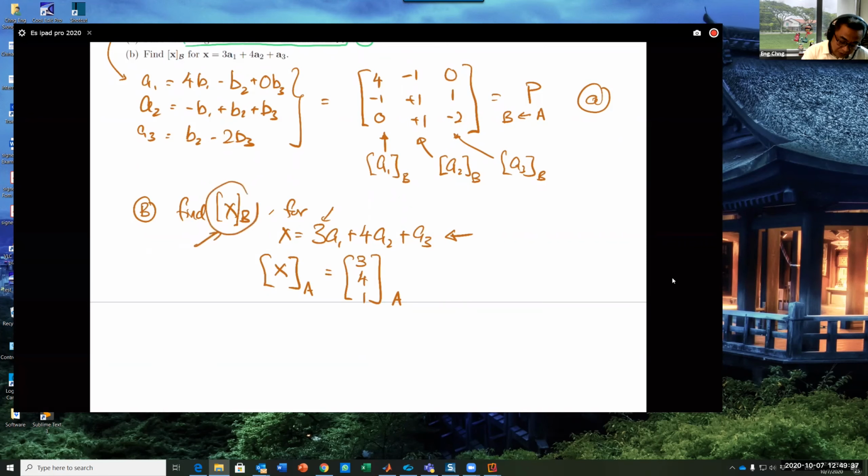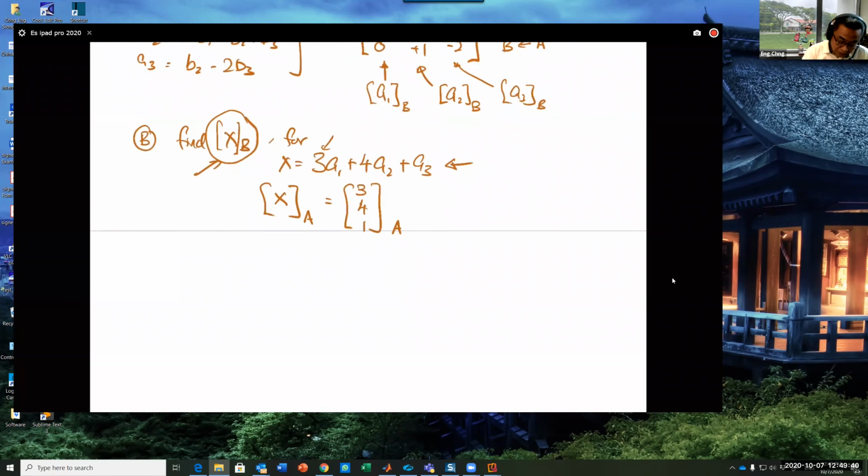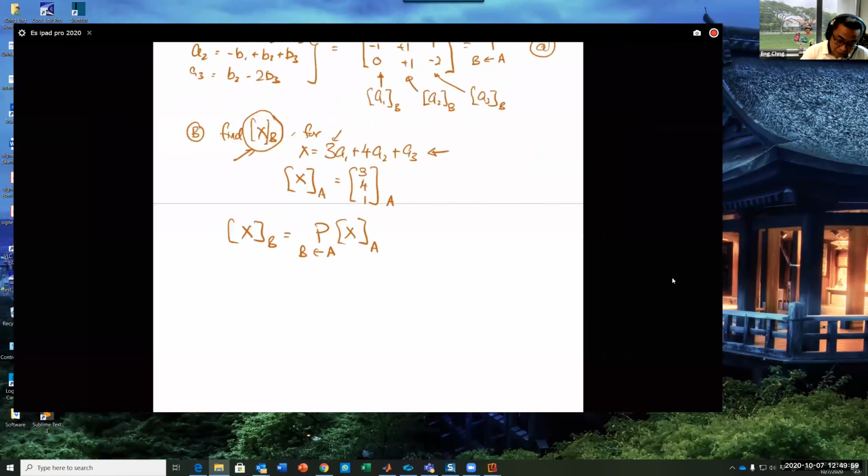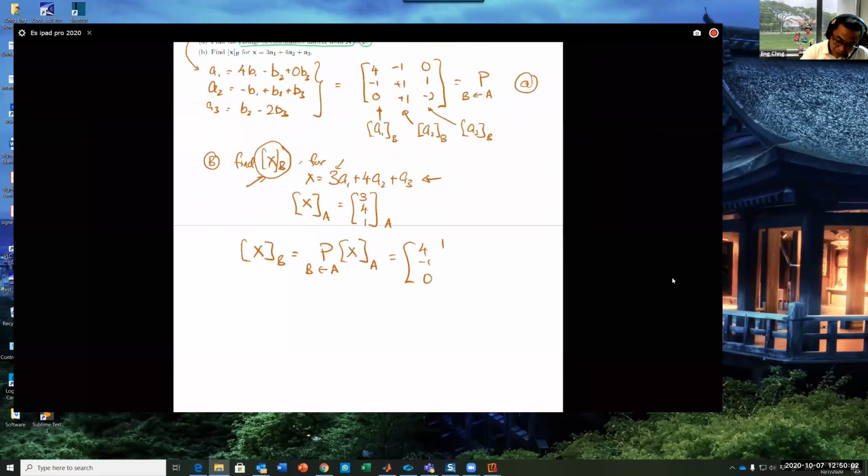Let's go and find this guy. So the equation to use is x of B is equal to the change of coordinate matrix from A to B multiplied by x of A. And that's the idea. So we plug in all the values, not forgetting all this information at the subscript so that we don't get ourselves confused.